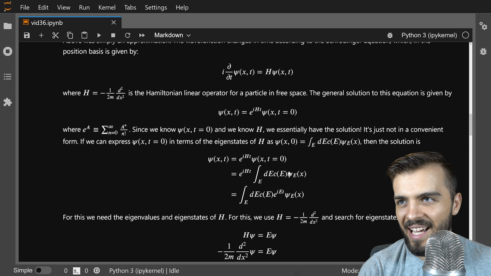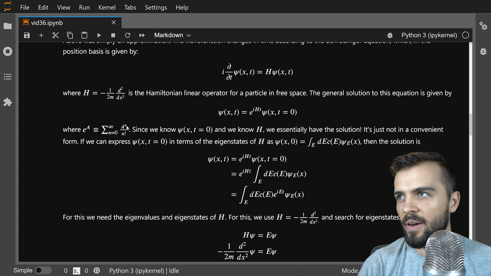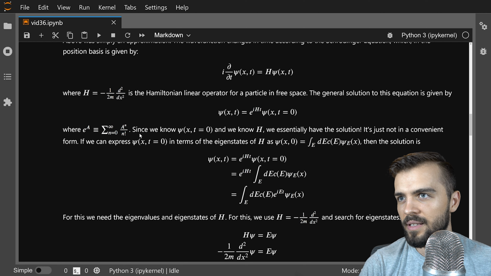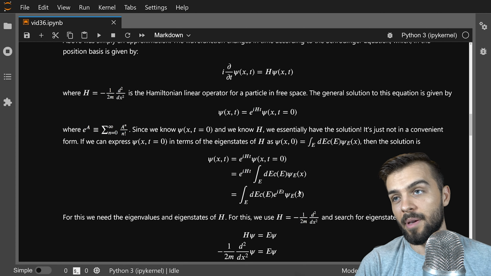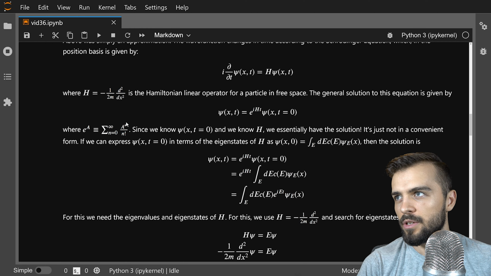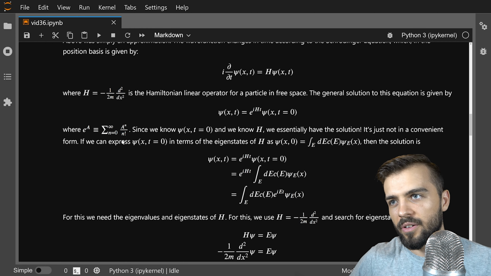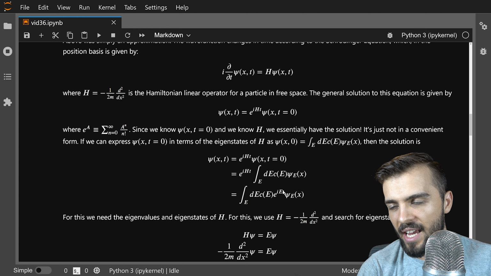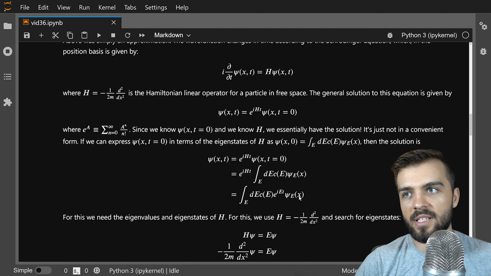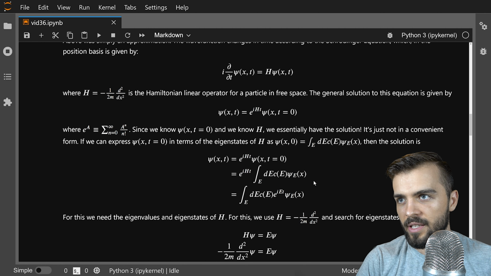But because this is an eigenstate of the Hamiltonian, every time h operates on psi e, I just get e coming out of it. You could show this yourself if you do e to the iht times psi e, and you plug in this, you just simplify all the terms. Rather than having h here, you have e here, but it's going to be different for each one of the psi e's because each of the psi e's has its own eigenvalue. So you get this equation here.